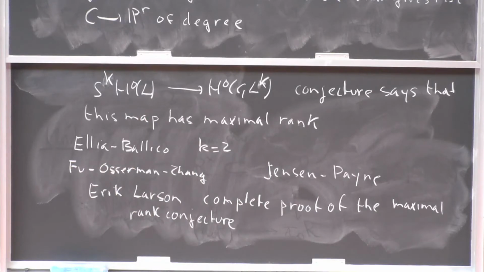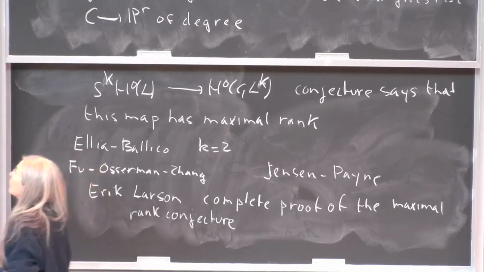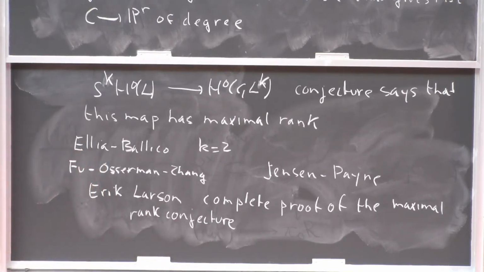I don't think that this is either of the two. As soon as the genus is sufficiently large, it's certainly not injective. I showed you an element in the kernel, and it's not surjective either if the genus is sufficiently large. All right, so what is the right conjecture if we want to deal with every line bundle? Farkas came out with a kind of improvement of the maximal rank conjecture, which is the strong maximal rank conjecture.